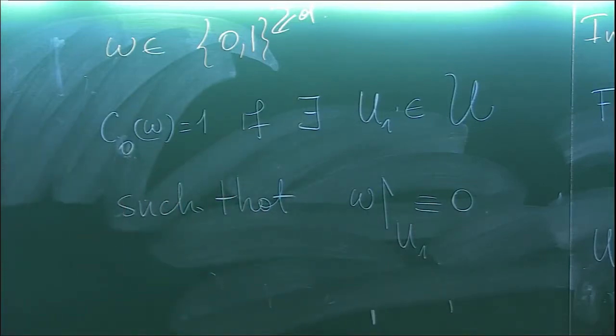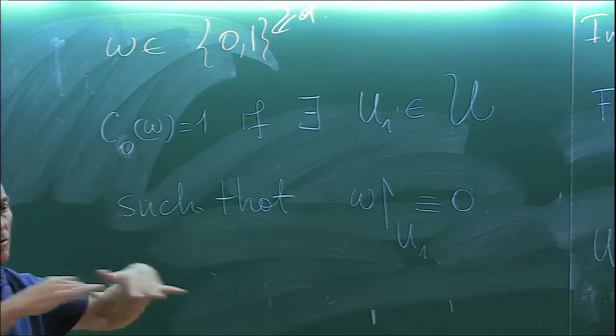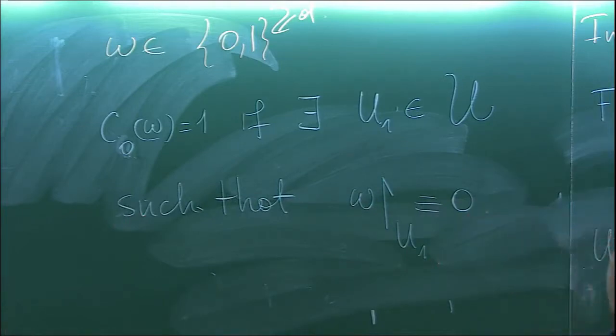So this is the constraint for the origin, and then you do a trivial translation and define the same constraint for all the other vertices.